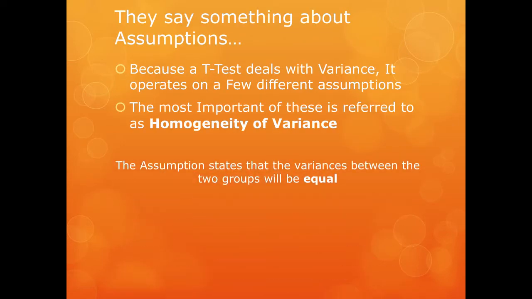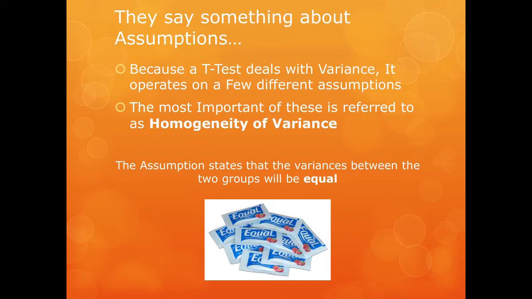So let's go back to our problem, but before we get there, we need to mention something about assumptions, okay? In statistics, every time we have to run a test, we need to follow certain rules. Otherwise, our findings are not going to be accurate.